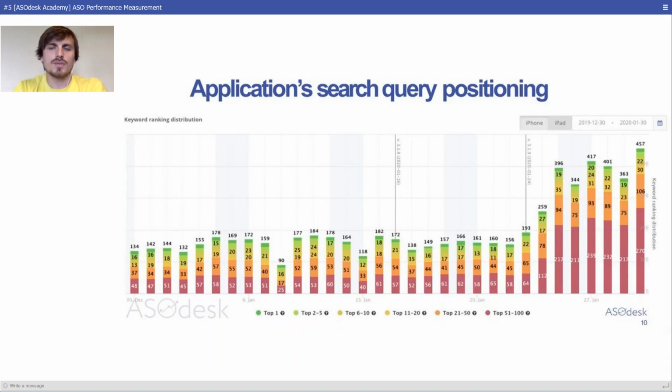At ASOdesk, we split our rankings into visibility zones: top 1, top 2 to 5, top 6 to 10, top 11 to 20, top 21 to 50, and top 51 to 100 and below. So we have these 6 visibility zones, and we see the number of keywords which appear in each visibility zone.